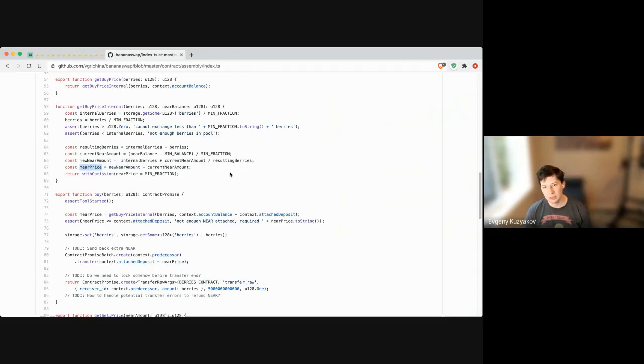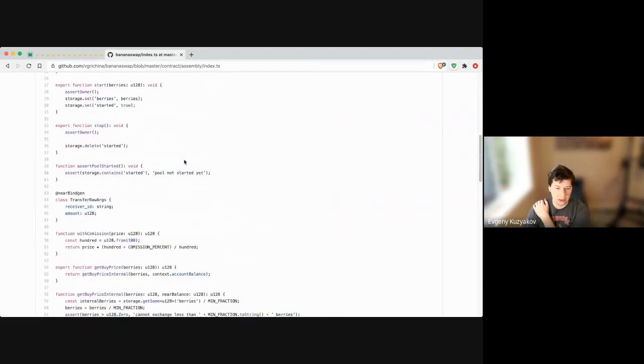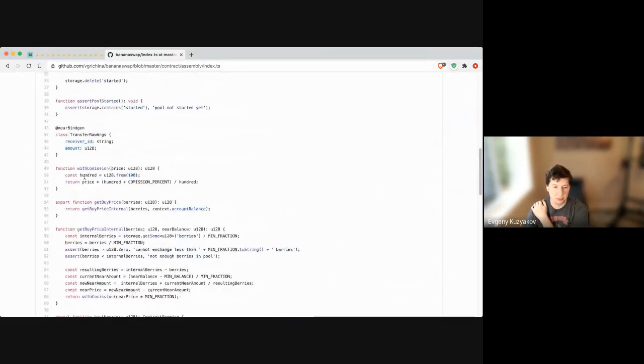So it calculates how much in near you need to attach, and then it multiplies it by mean fraction, which is another power of 10 to the 12. And it calculates the commission. The way it calculates commission is it multiplies by 110 divided by 100. So this is the overflow I tried to abuse.